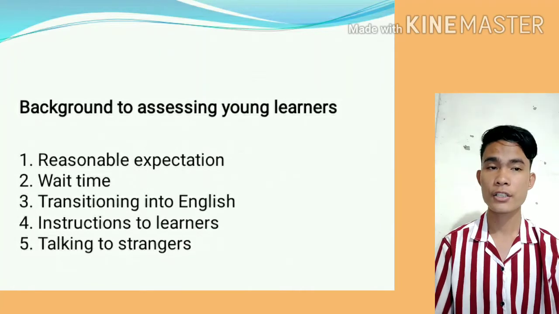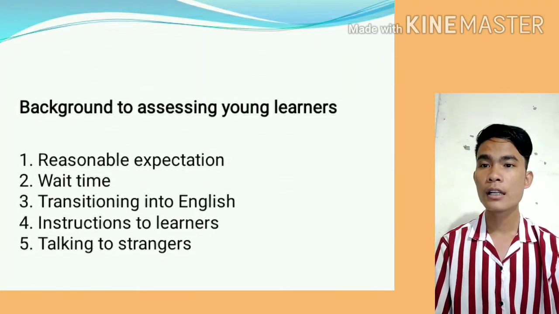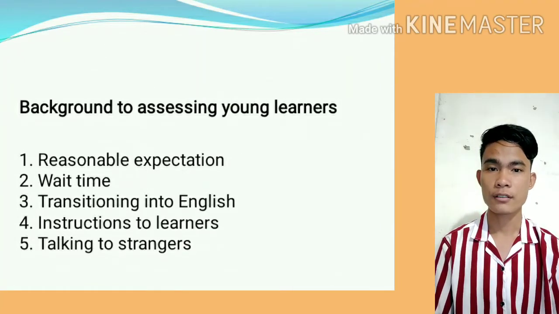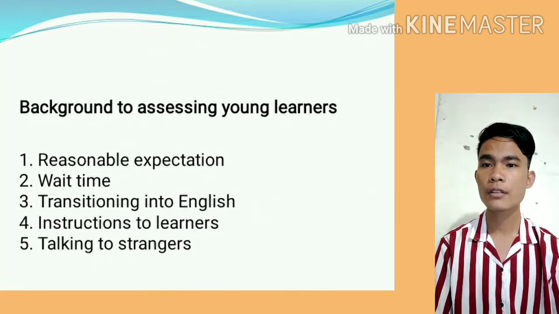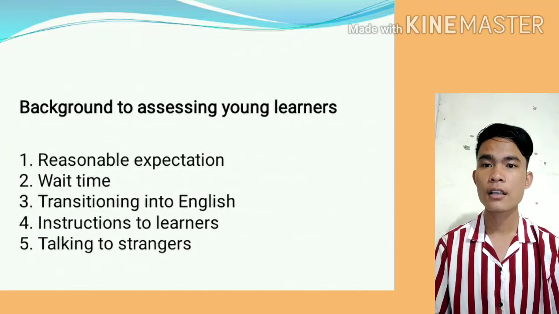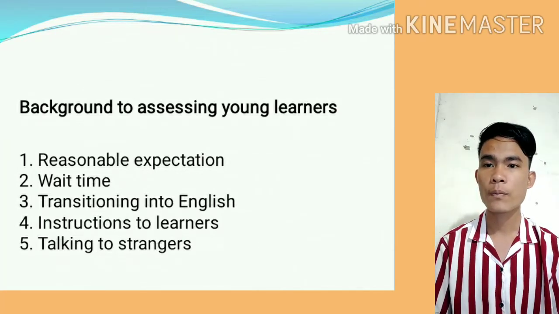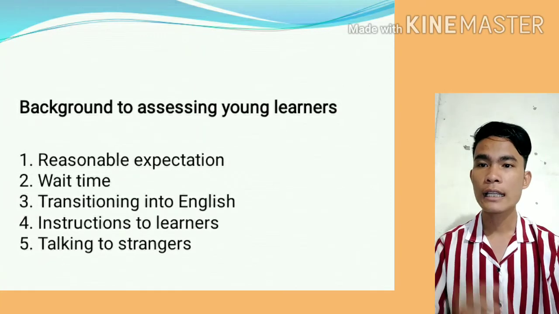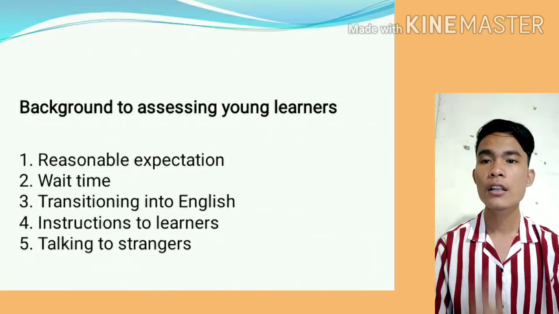Background to assessing young learners. Reasonable expectations. Make sure that the expectations for young learners are reasonable. Do not expect children to have better oral language skills in English than they possess in their native language.